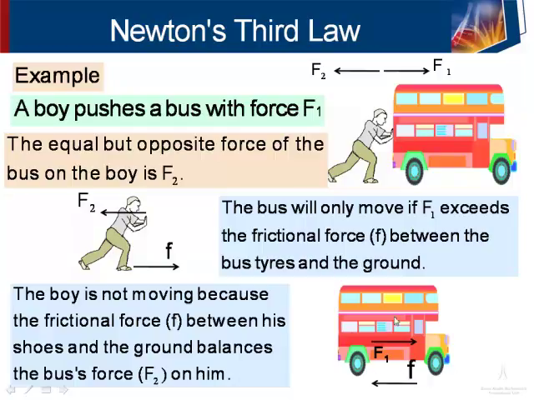If the boy's force F1 is greater than that frictional force, he will be able to move the bus forward. Now remember, in Newton's third law, the forces act on separate objects. So the boy is applying the force on the bus, and the bus is applying a force on the boy.